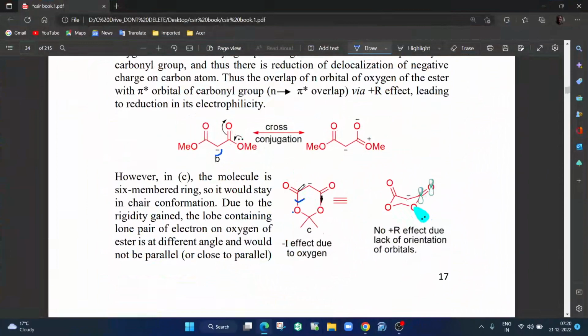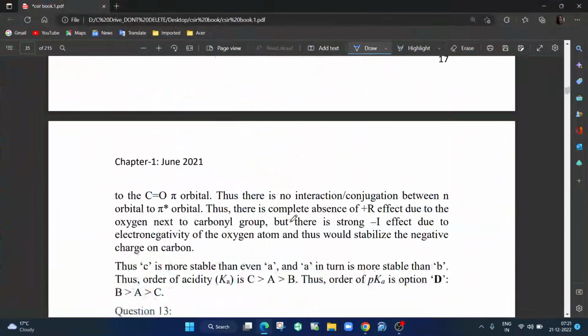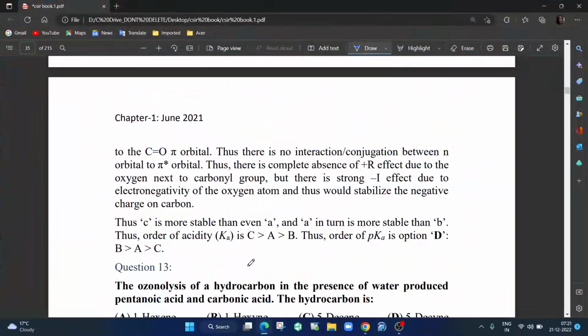Because of this, it makes this carbon more electron deficient, and therefore it will stabilize the negative charge better than even A. So C will be most acidic. So C will have least pKa value. So the answer will be C will have least, then we'll have A second lower pKa, and then B. Therefore the answer is D.